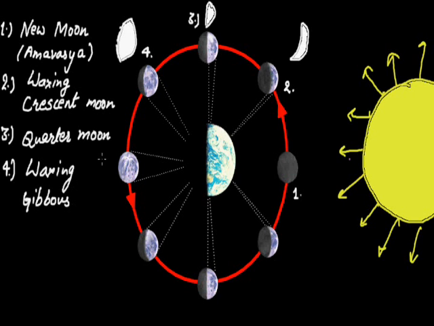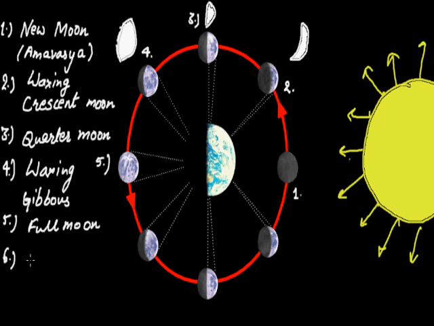Now let's come to the 5th position, and at this time the moon is glowing with its whole face completely shining. This is said to be the full moon, because that side which is visible from earth is completely glowing.